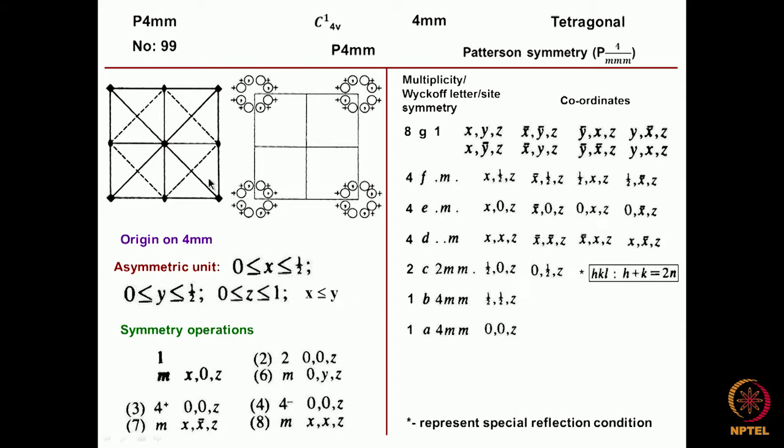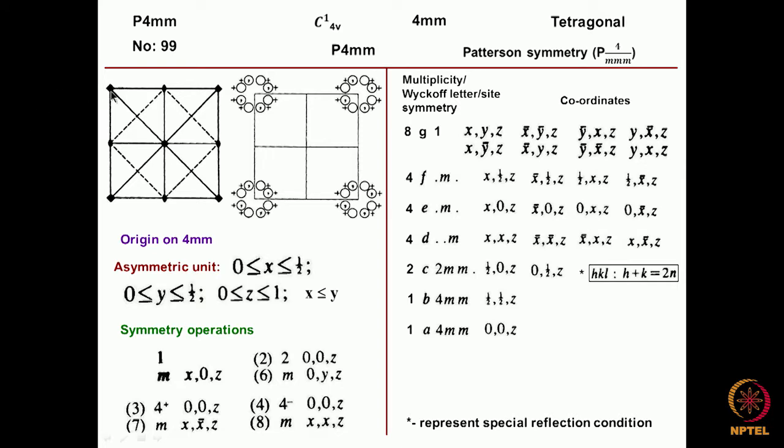Now if we put atoms at positions, we consider an atom or a motif at a general position. We can put it at any of these special positions also. If you put it at special positions, how many positions should the motif be kept at? That is the information being given here.